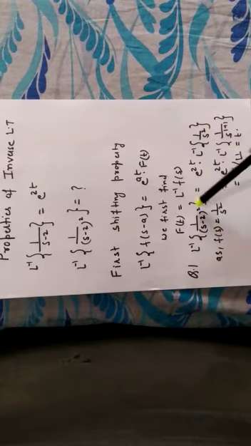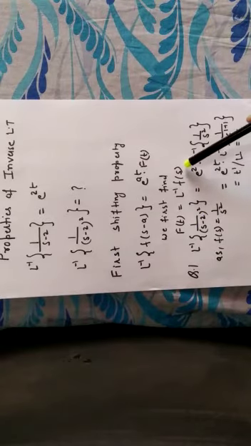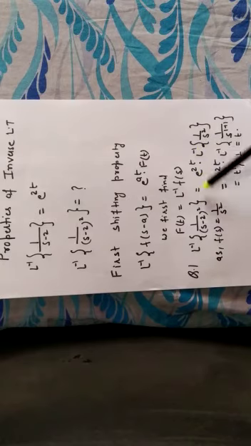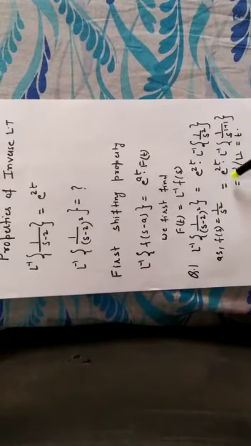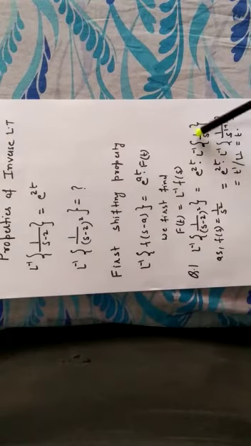Now we come to the property. If we have to find out L inverse of this function, it is given by e to the power at multiplied by f(t). What is a here? A is 2. So it is e to the power 2t multiplied by f(t). Now what is f(t)? As we have already discussed, f(t) is L inverse of f(s), which is L inverse of 1 by s square.